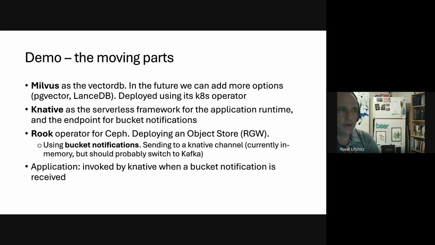So what do we have there? We have Milvus. We select that as a vector DB. In the future, we may add more options like pgvector, LanceDB, which is an embedded vector DB. Milvus is deployable using a Kubernetes operator.